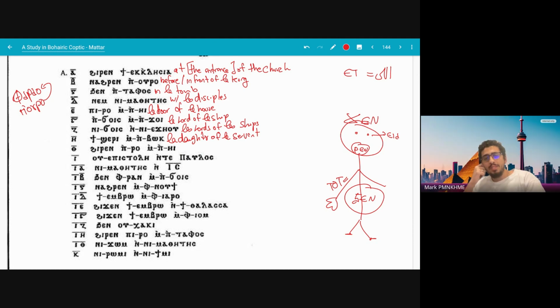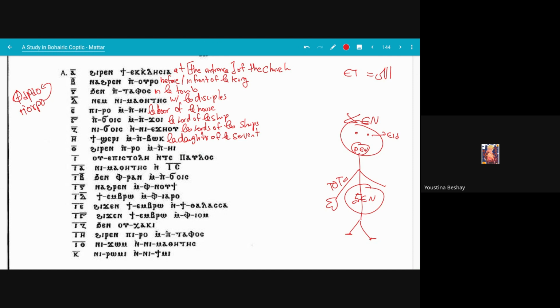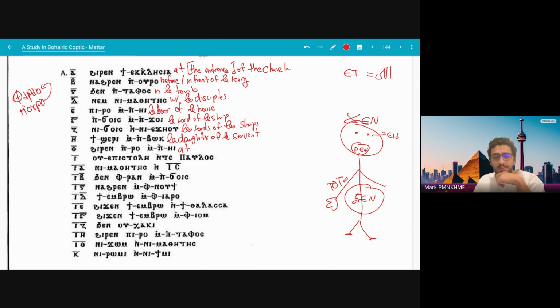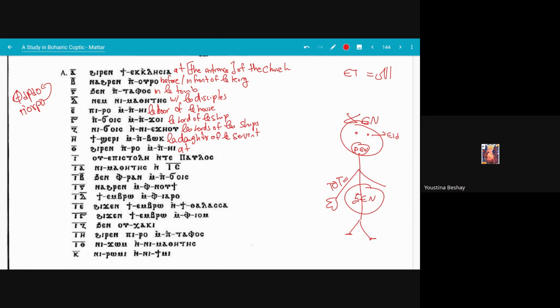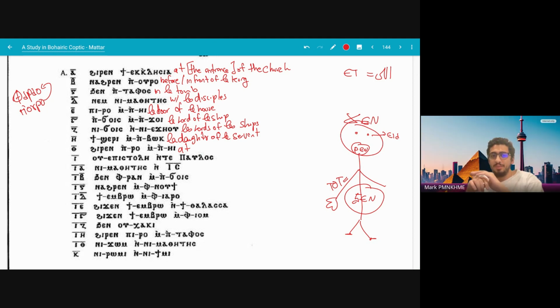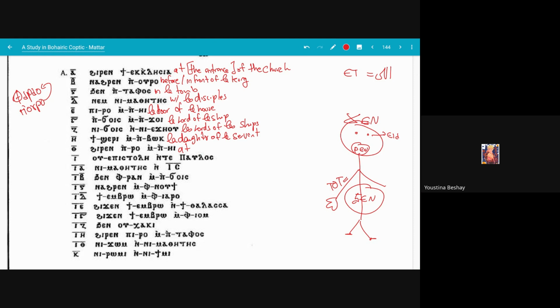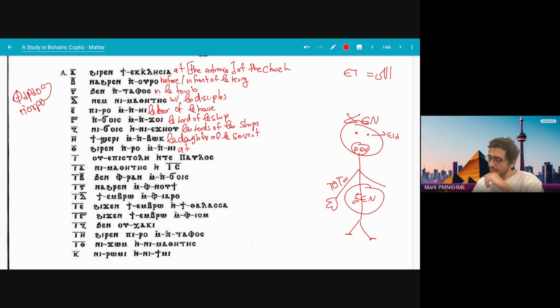What's Hiran? You mentioned it's at the entrance of the... So what's Epro? You're going to see it in question 5. We also use it. Was it the door? Yes. So it's funny, you can see Hiran, Epro. So we're using door twice: at the door of.